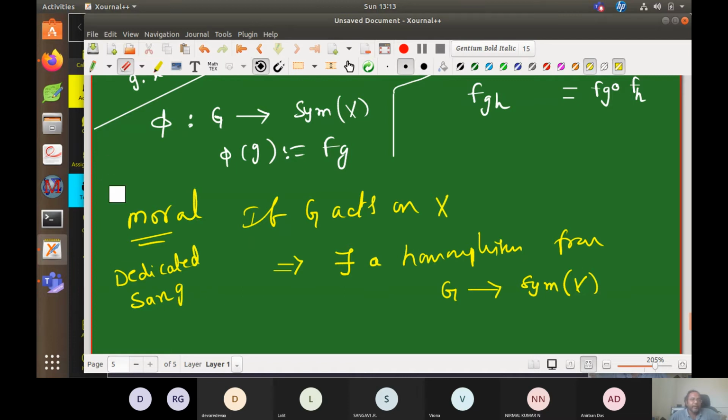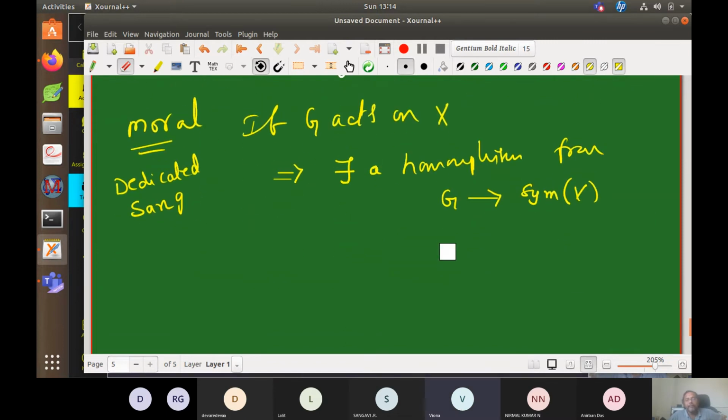So okay, anyhow. If G and X are finite, can I say that the order of the symmetry group of X divides the order of G? I don't know that. No, that is anyhow not true.